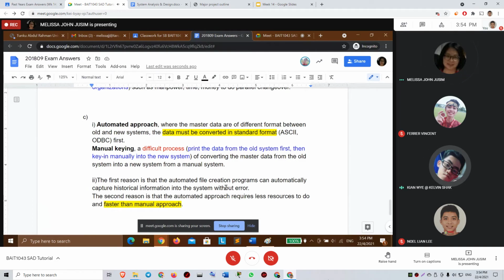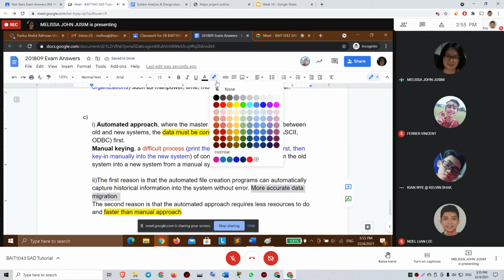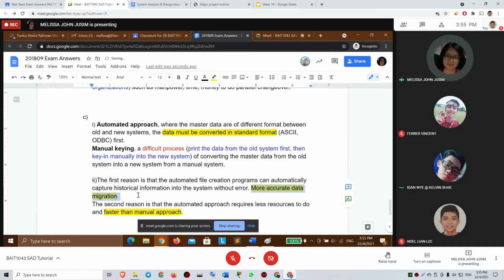Because it needs less manpower. Okay, and then this one actually talks about more accurate data migration. But the first thing you need to do is create the routine, the program to do that. Yeah. And then can you do that?